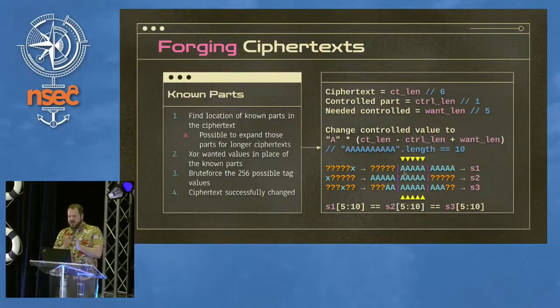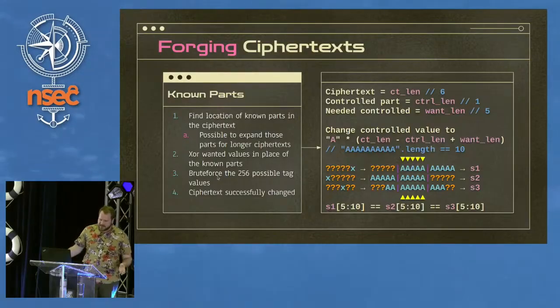It's always going to be all A's. Whether they started before or after, we know those are A's, and those can be flipped easily with CTR attacks. So basically, we find where it is, we flip those with whatever XORs we want to do, and then what we want in that position, and then we brute force the 256 possible tag values.